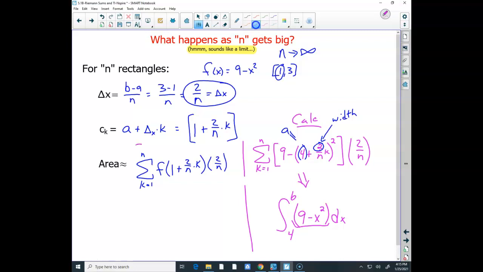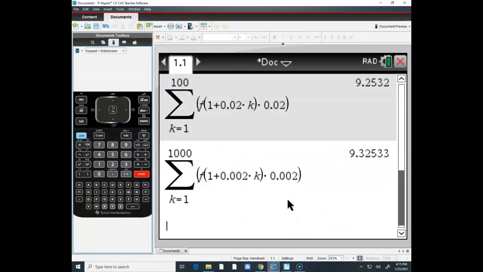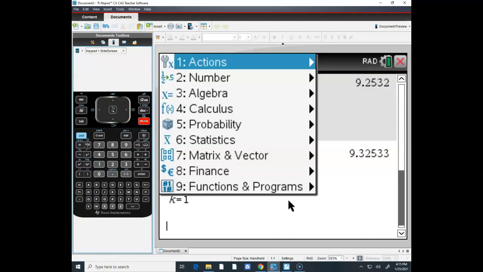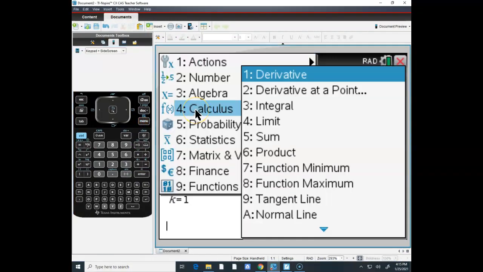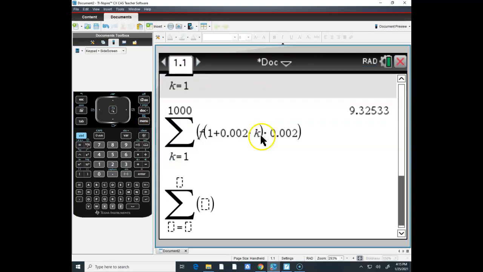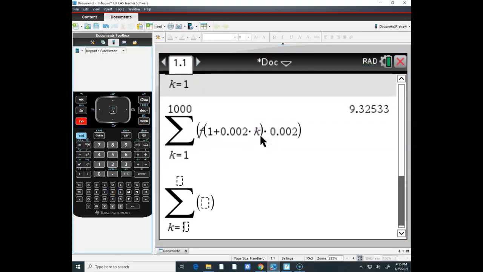But what do we get when we type this into our calculator now? If you took yourself out of exact mode earlier because you're sick of all these decimals, you might want to put yourself back in exact mode. Now we're saying menu, calculus, sum. We're saying k from 1 to n. Where's my n?